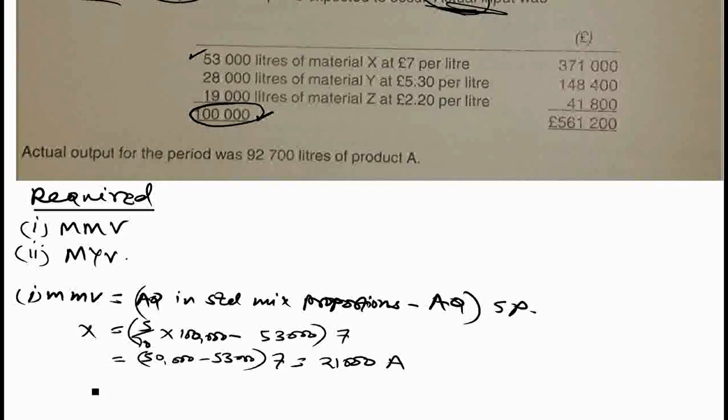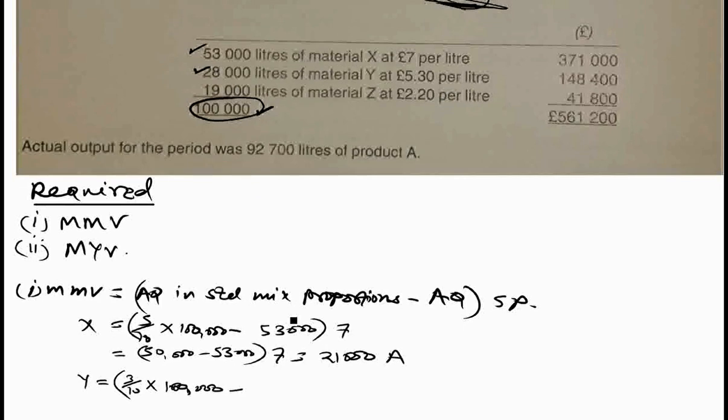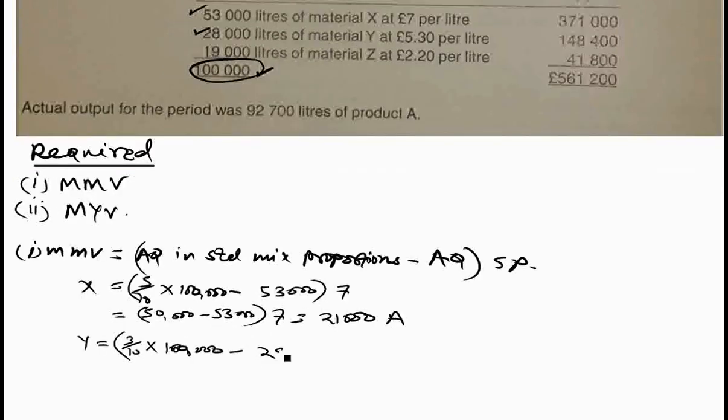That is for X. For Y, it is 3 over 10 times 100,000, minus the actual quantity, 28,000, into the standard price.